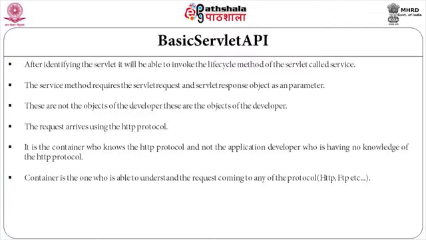So, if it matches any of those URL patterns, it is able to identify the corresponding servlet. After identifying the servlet, it would be able to invoke the regular lifecycle method of the servlet, which we already know. The regular lifecycle method is the method called service.